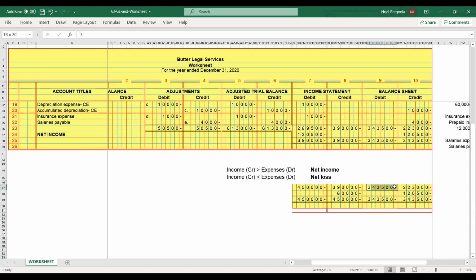Assume din natin na ang mangyari naman dyan, class, lalabas na mas malaki naman yung credit kesa sa debit. Sige, samplean natin. Dapat 60,000 ang difference. It should be, let's say, 600,000 dito. Sample lang to, ha? 660,000.